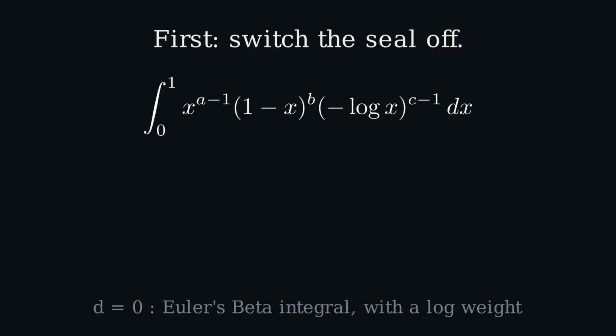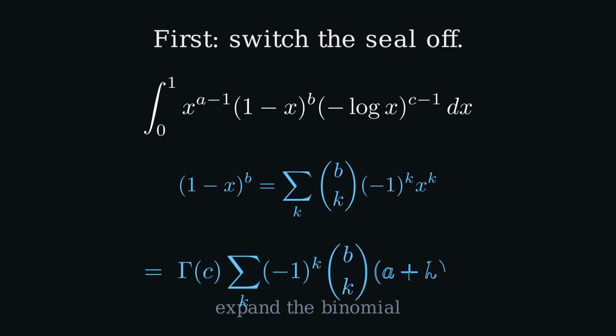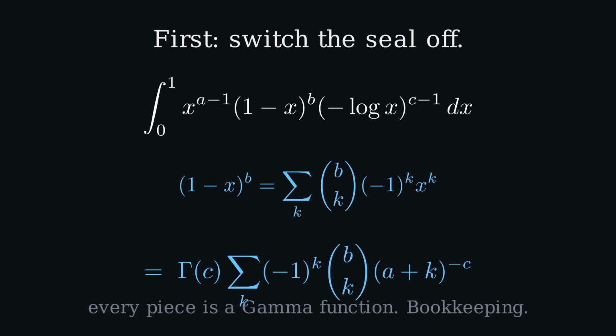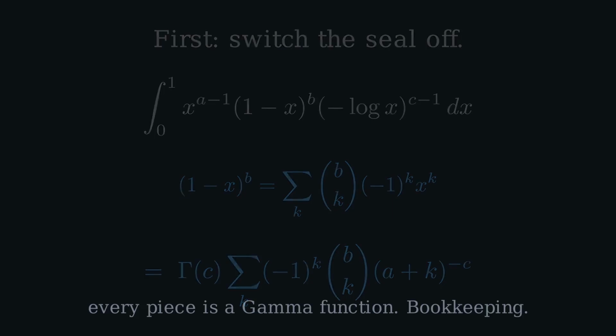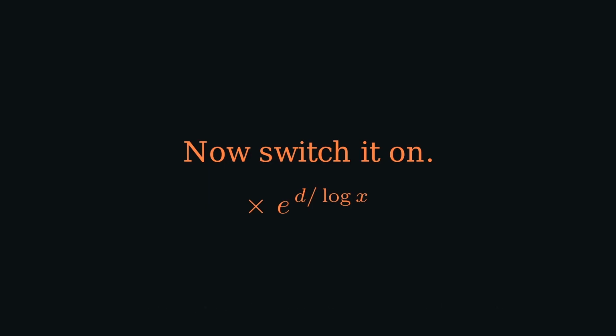So what we're going to do here is first switch the seal off and consider this integral. We expand the binomial like so, and we get a gamma function and a sum over binomials, etc. But this is just bookkeeping.